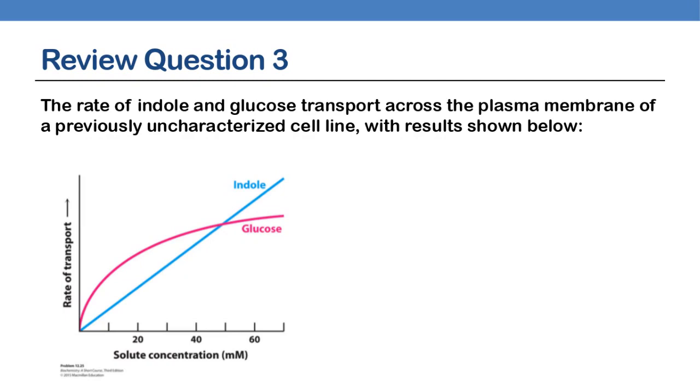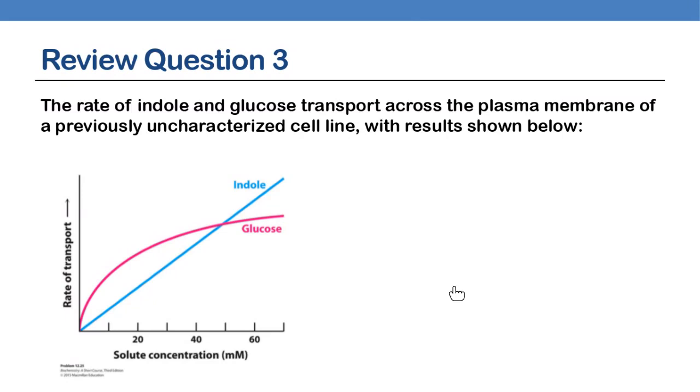Someone's saying indole is passive or simple diffusion, and then glucose is facilitated. So why do we think that? Glucose is saturated. Perfect. Right, so indole is just a linear increase. The more solute you add, the faster the rate.